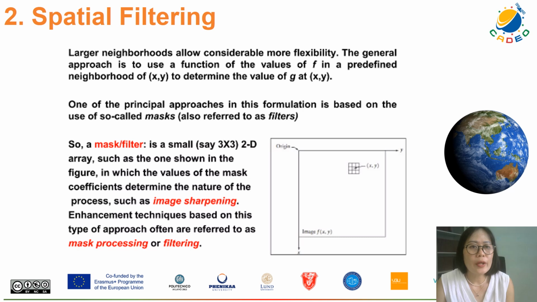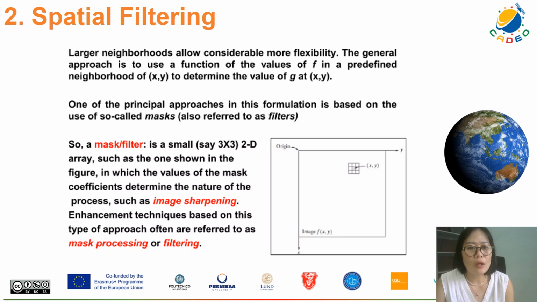The second image enhancement technique I would like to introduce is spatial filtering. As you know, larger neighborhoods allow considerably more flexibility. The general approach is to use a function of the values of f in a predefined neighborhood of x, y to determine the value of g at x, y. One of the principal approaches in this formulation is based on the use of so-called masks, also referred to as filters.